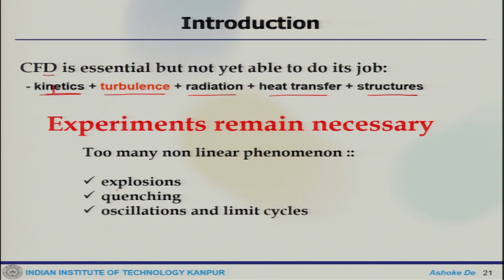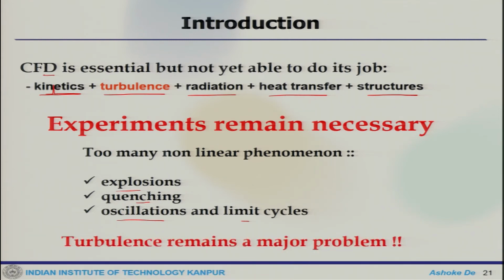It could have an explosion, or when the combustion is taking place there could be local quenching, that could be another possibility, or there are oscillations and limit cycles, and all the issues, the backbone of that is the turbulence.